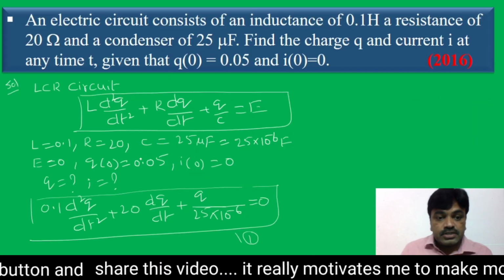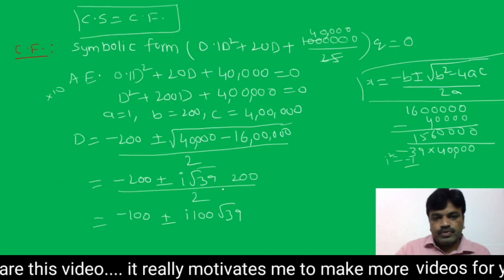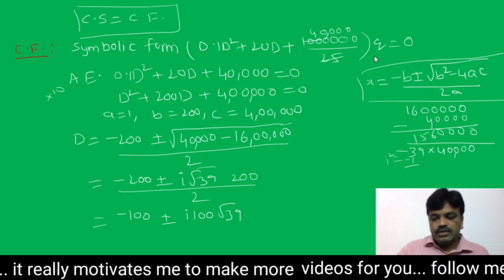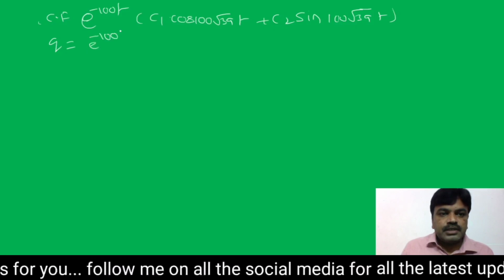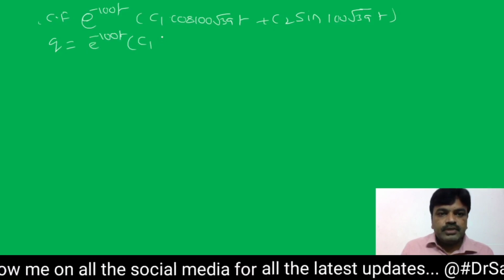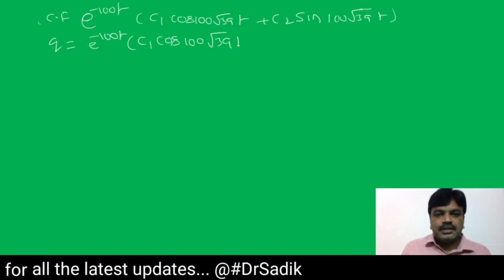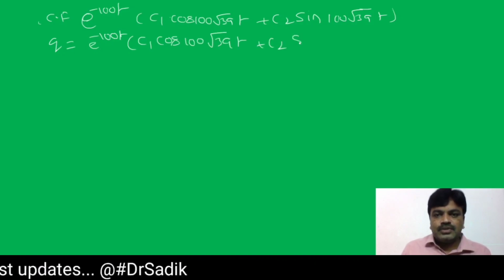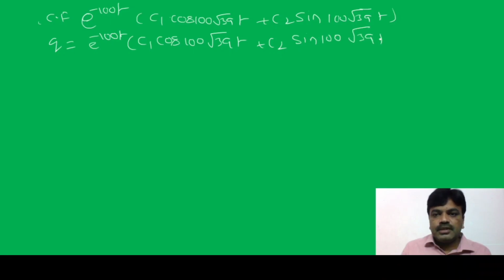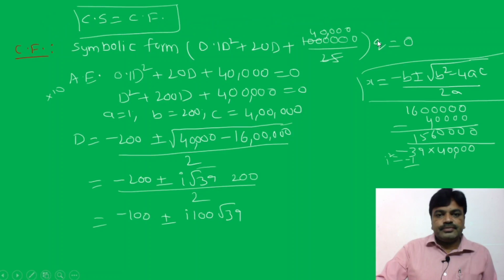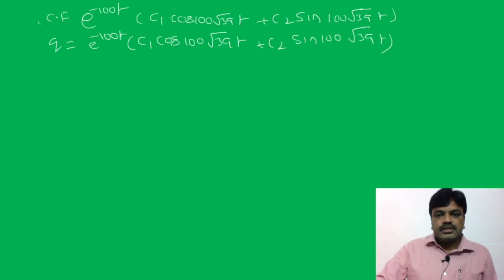This is the solution for q. So write down here q is equal to e power minus 100t times c1 cos 100 root 39t plus c2 sin 100 root 39t. So this is equation 2. We already have the equation for 1.